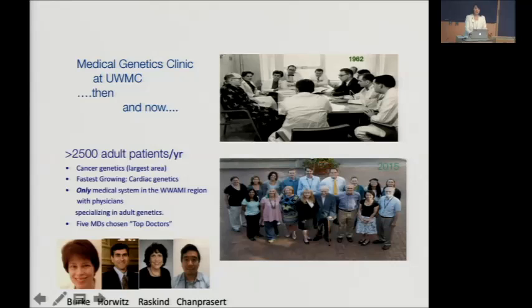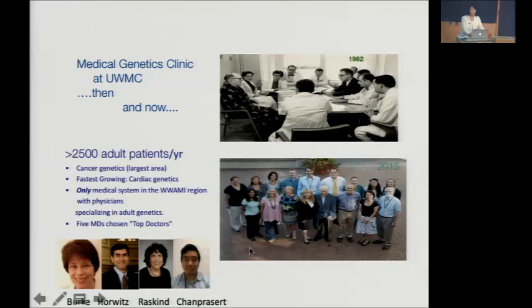This is Arno Motulsky, who founded the Division of Medical Genetics here in 1957, founded the clinic in 1959, and is still part of the division today. This historic photo from 1962 is a clinic conference. There is Dr. Motulsky with his trainees, and actually the patient attended the clinic conference also.